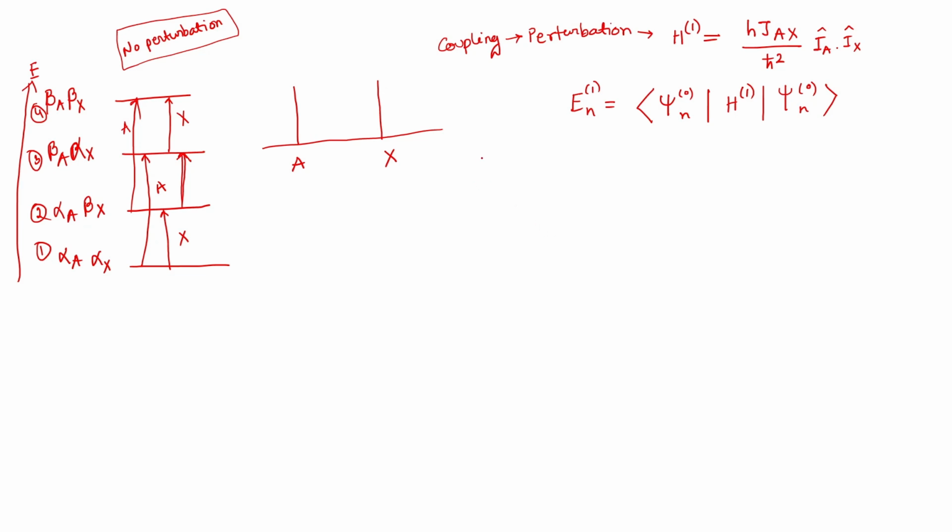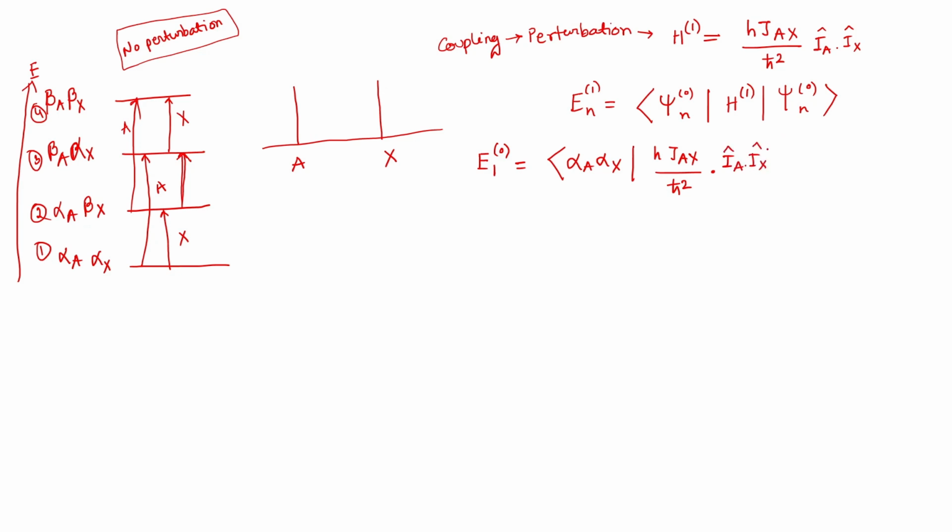Now what is going to be the first order correction to your first state? So that is going to be, let me write, alpha A, alpha X, H J_AX by h cut square, I A dot I X.